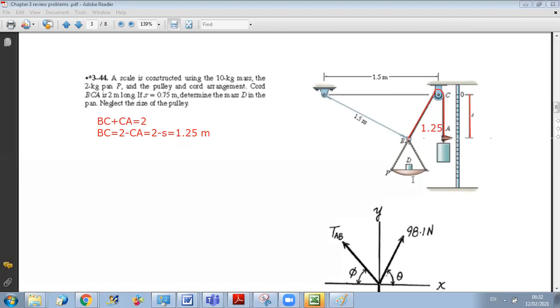To be able to find the mass in D, I am interested in the weight, okay? And the weight will be applied at which point? The weight of the system will push B down. So here, the effect of the system attached to B is that the total weight will push down on B. So here I have W total.